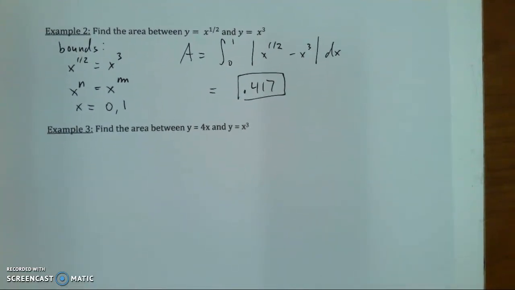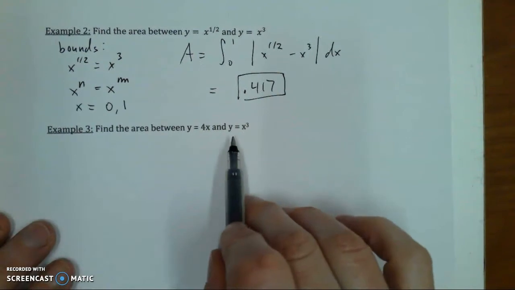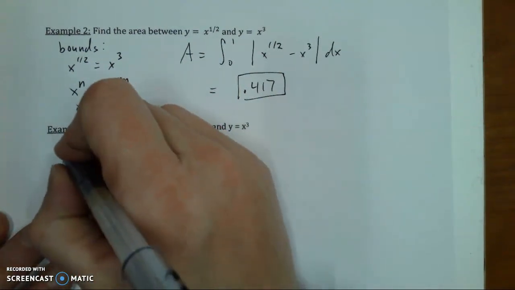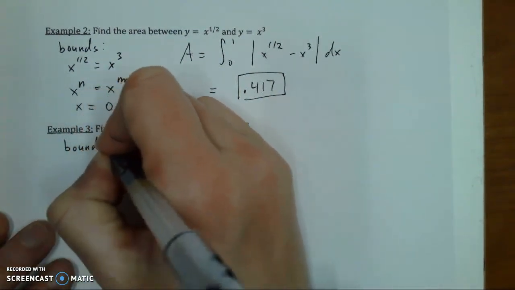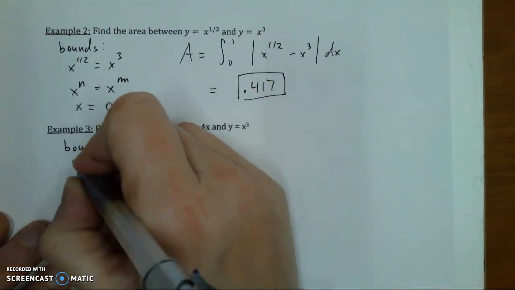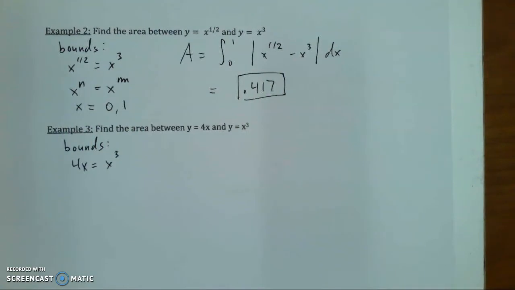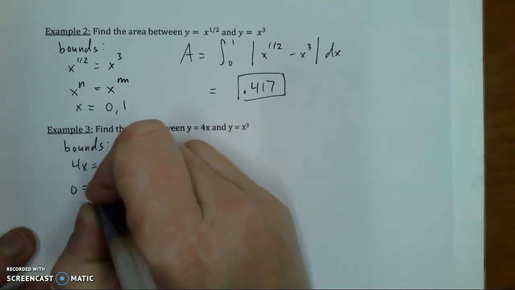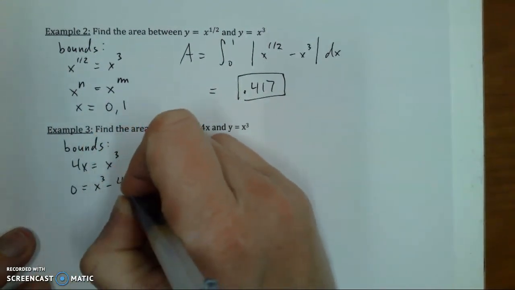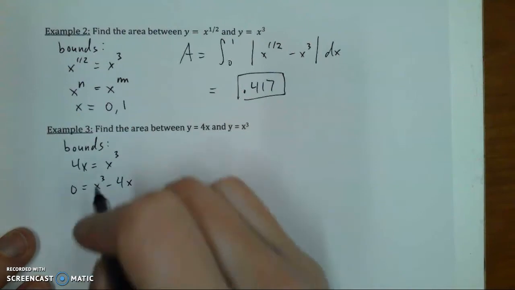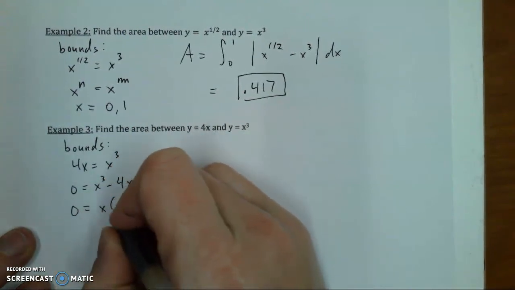All right, let's do one more example. So once again, here I do not have bounds, so I need to be given those bounds, or I need to find them. So let's set the two equations equal. Now I can't use the same trick as last time because I have a constant out in front. To solve this, I'm going to take both terms on the same side, at which point I can factor out an x.